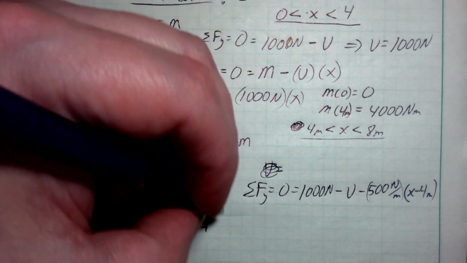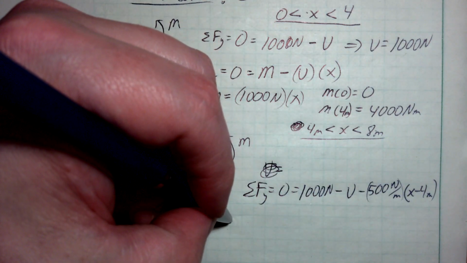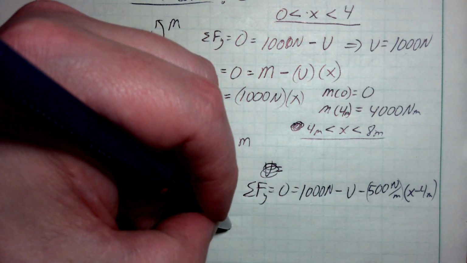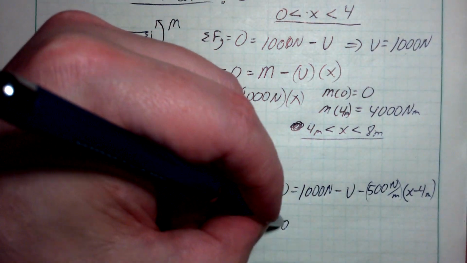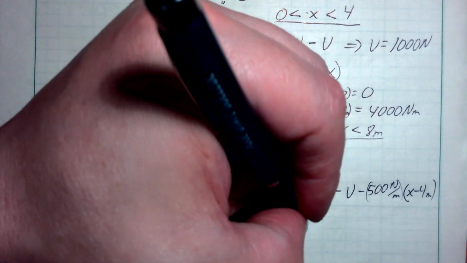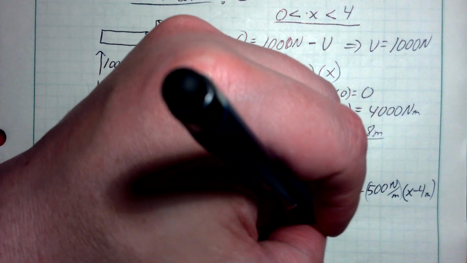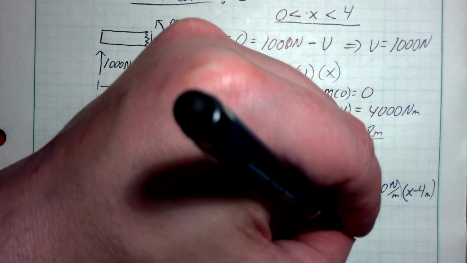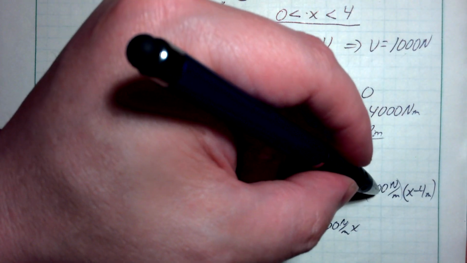So this would give me how much of that force we've already experienced. I need to distribute that through. So the shear, which is what I'm looking for, is 1,000 newtons minus 500 newtons per meter times x, and then minus 500 newtons per meter times 4 meters.